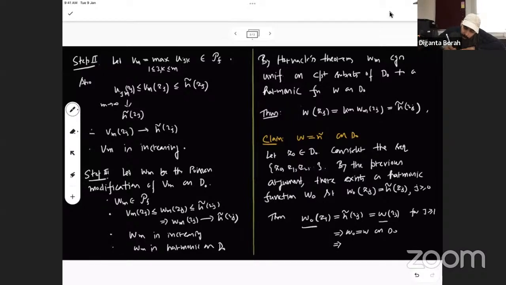Now I wanted to show that they agree everywhere. Z naught was an arbitrary point. So let's look at what is happening at Z naught. What I know is that this is W naught at Z naught, but I have just proved that W naught is equal to W everywhere. So this is true.